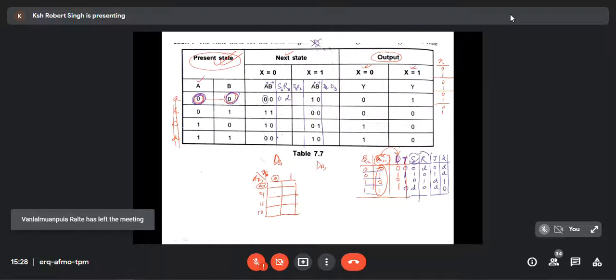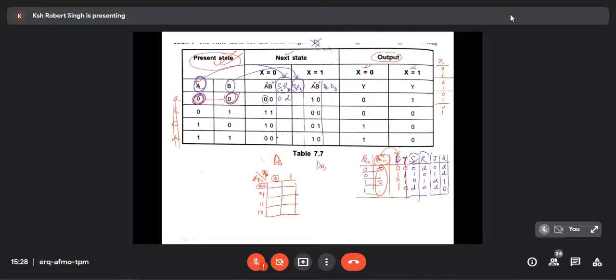That is why we require 2 flip-flops. For this bit A, 1 flip-flop. For this bit B, another flip-flop, SRB. This is known to you because every flip-flop can store only 1 bit. So 2 bits, 2 flip-flops.